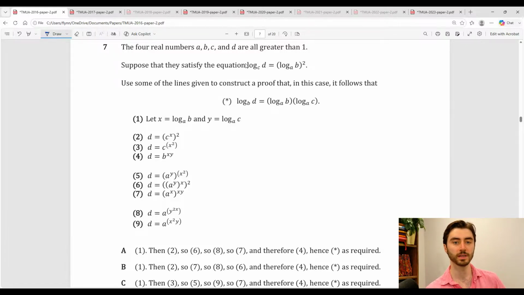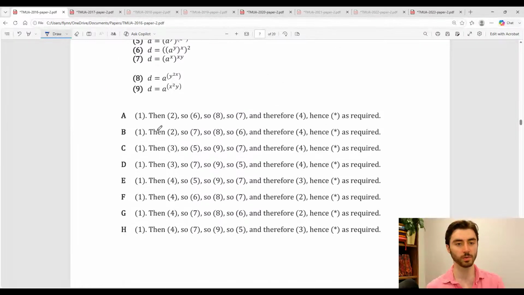So suppose they satisfy this equation. Use some of the lines given to construct a proof. It follows that this thing is true. Okay, so let's start. All of the options start with 1. So let's start with 1.